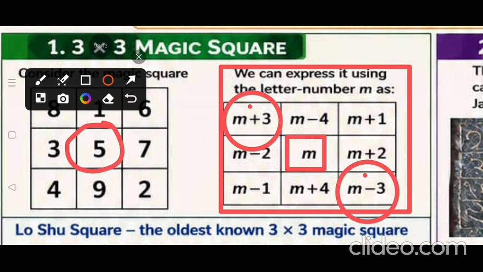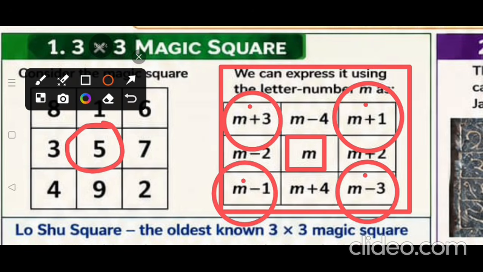Here we are taking m plus 3, here we are taking m minus 3. Then if we look at the right top corner, here we have taken m plus 1 and the left lower corner number is m minus 1. So if you are taking m plus 1 here, here we are taking m minus 1.